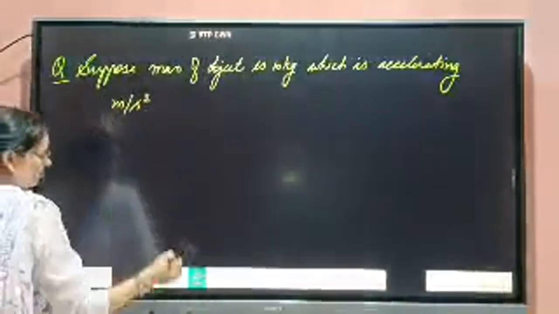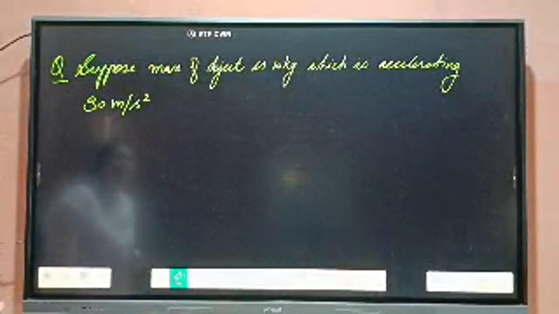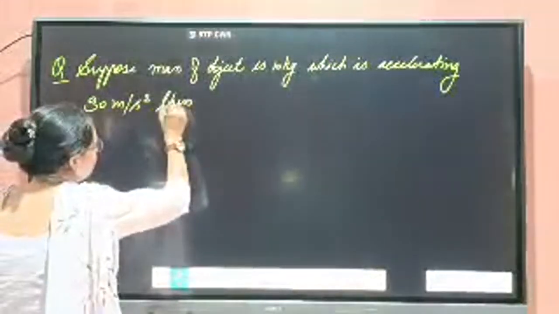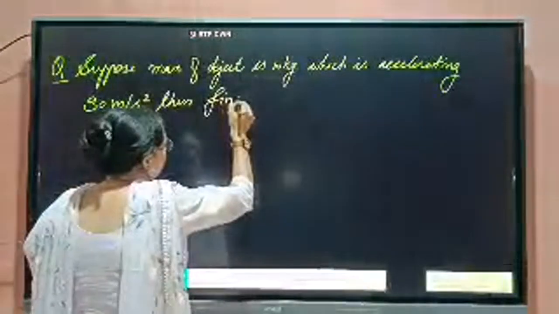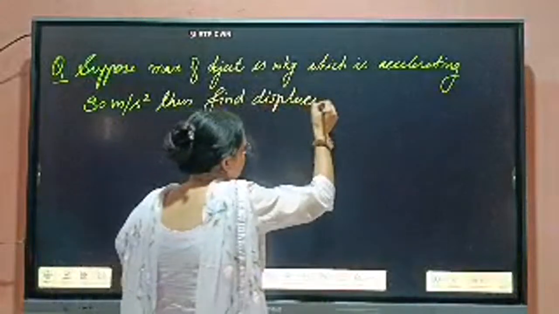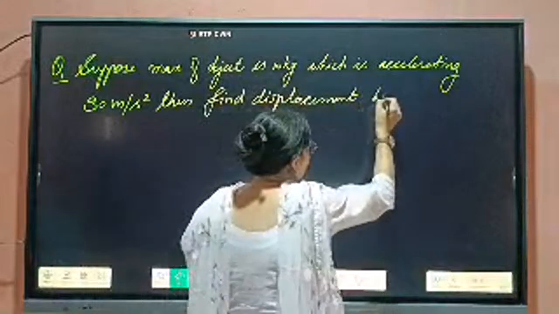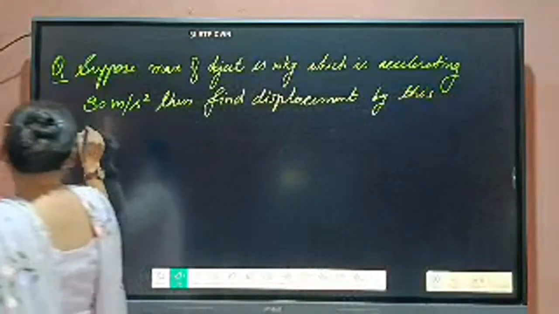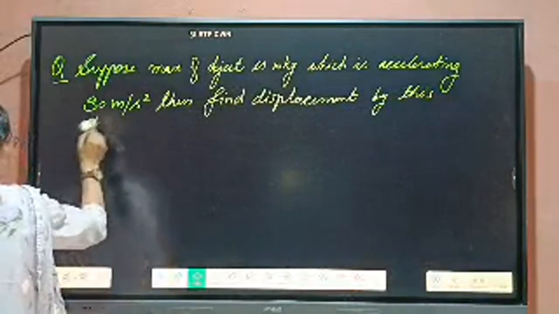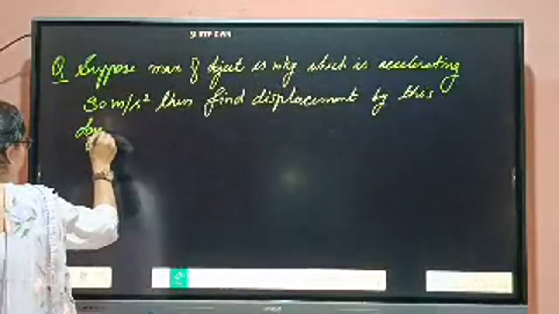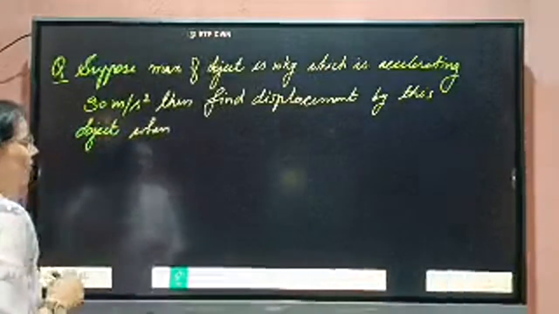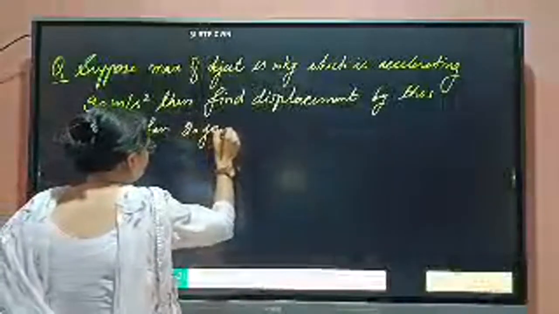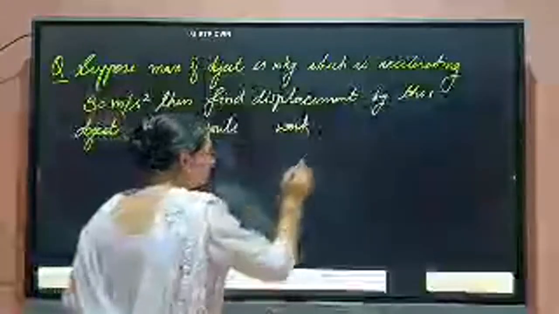Okay, not 10, it will be 30 meter per second square. An object has mass 10 kg and accelerates at 30 meter per second square. Then find the displacement of this object when 20 joule work is done.